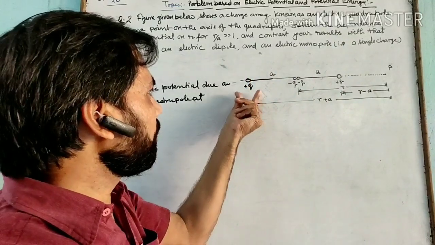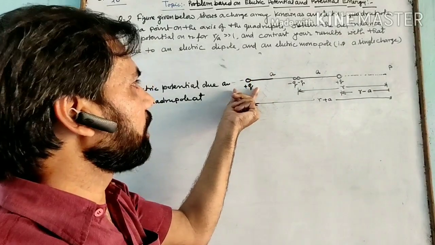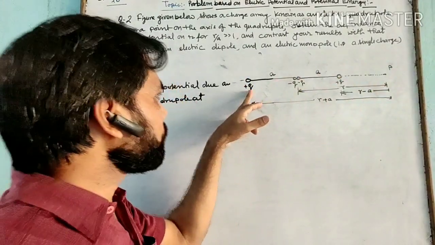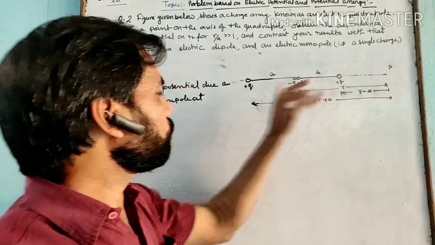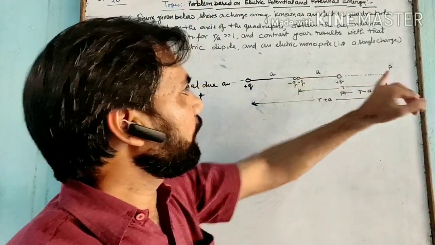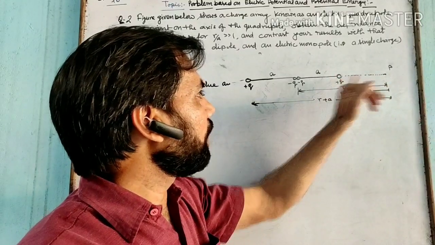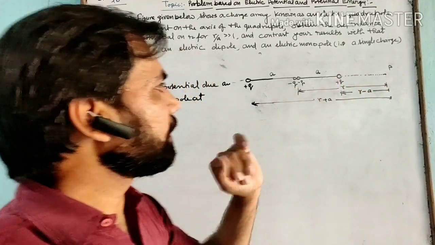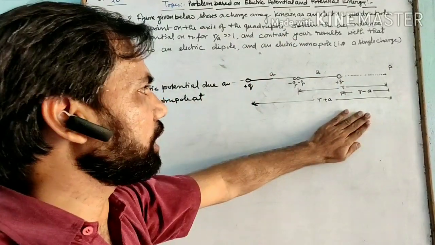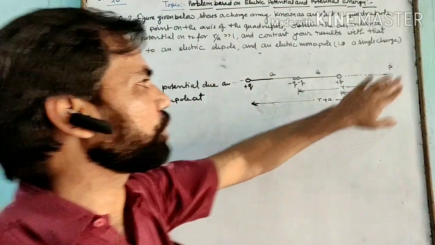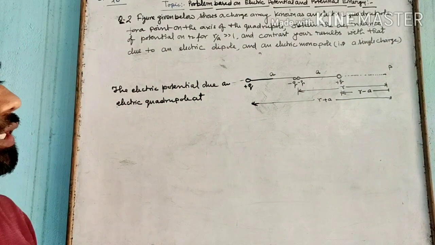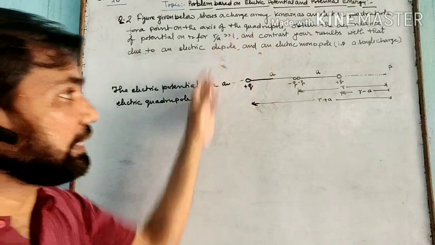So we can say this as the electric potential at P due to plus q, electric potential at P due to minus 2q, and electric potential at P due to this plus q charge, and we take the algebraic sum of all these potentials, so we will find the electric potential due to the whole quadrupole, because electric quadrupole is a combination of these charges.